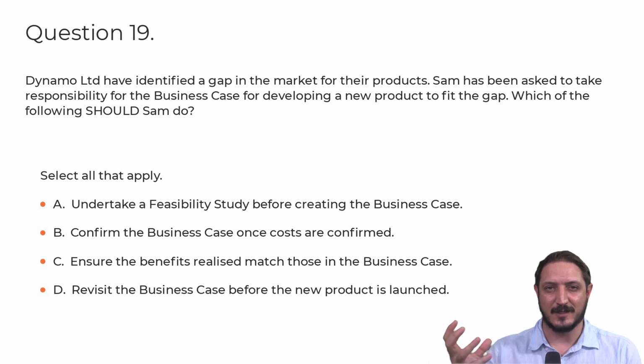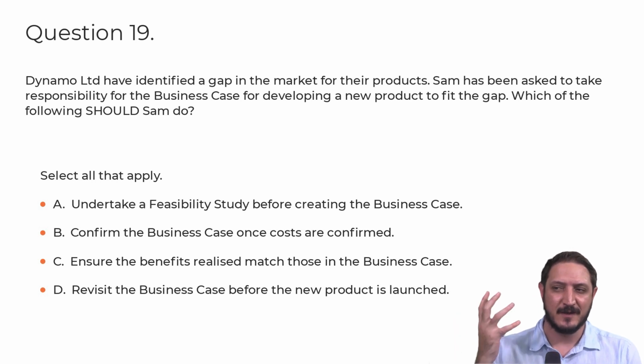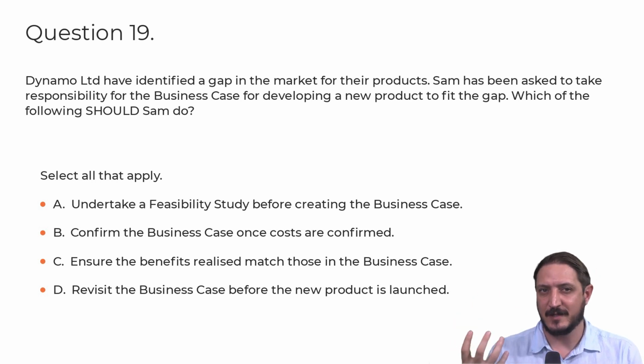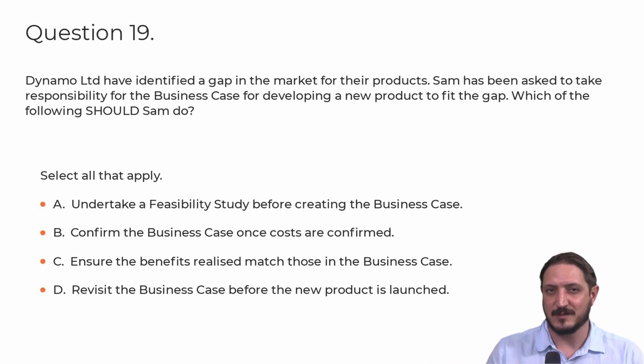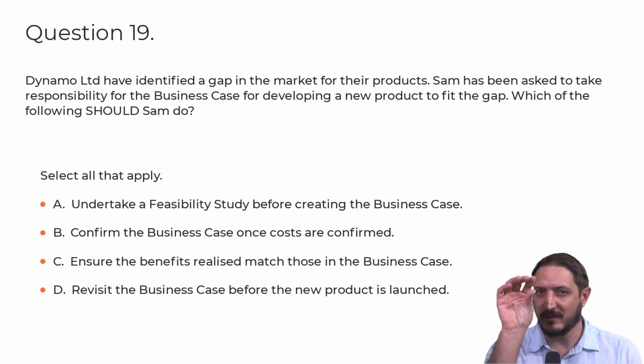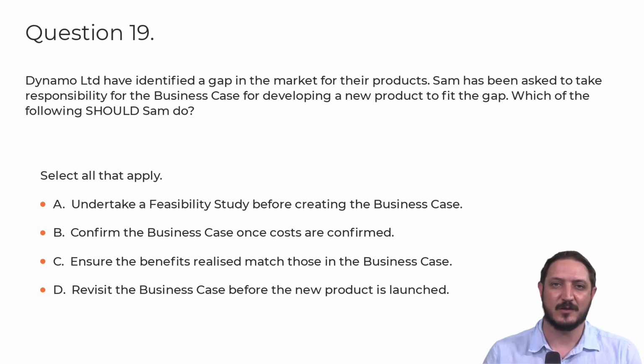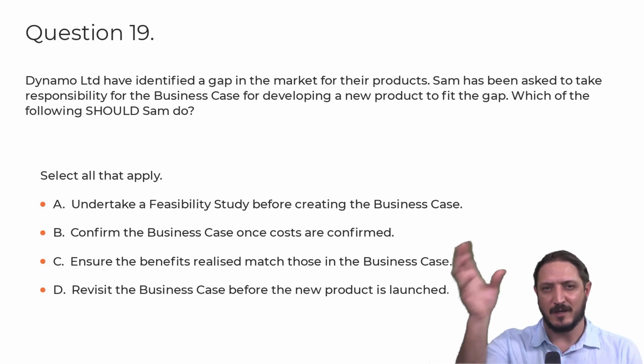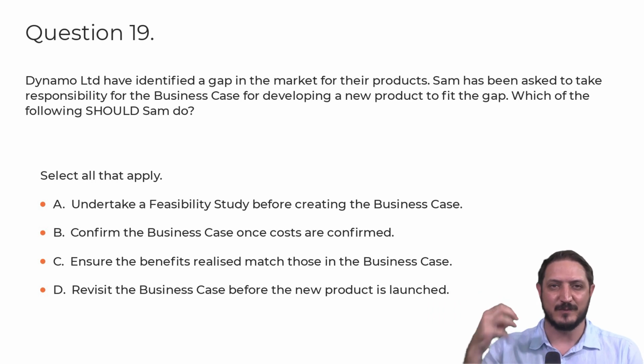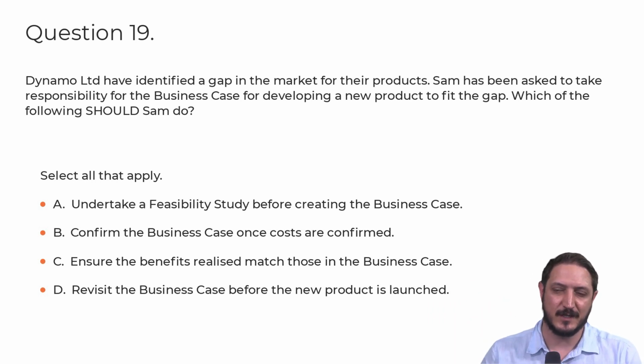And those costs, the cost-benefit analysis and the cost analysis, those calculations that we do, that we've been taught in our business analysis studies for all of the options that we're now presenting to these stakeholders, we will confirm those costs and we'll put it in one of those sections of this document, the business case, which in an overall perspective forms the justification for the project. So B is also a valid answer here.